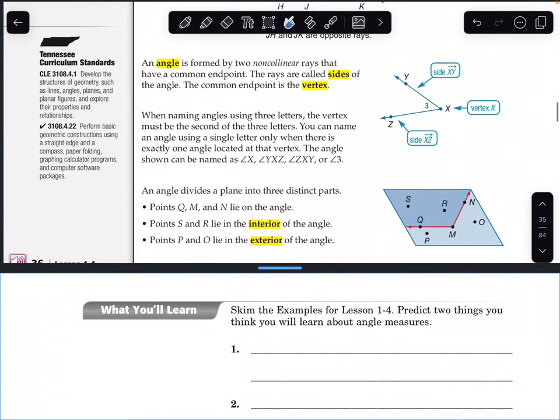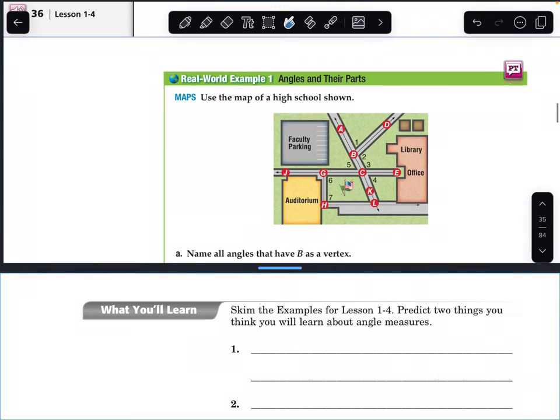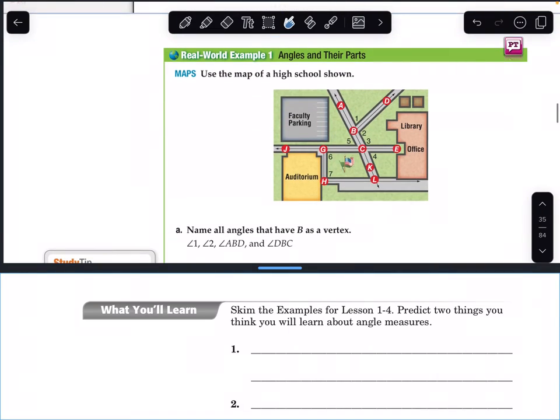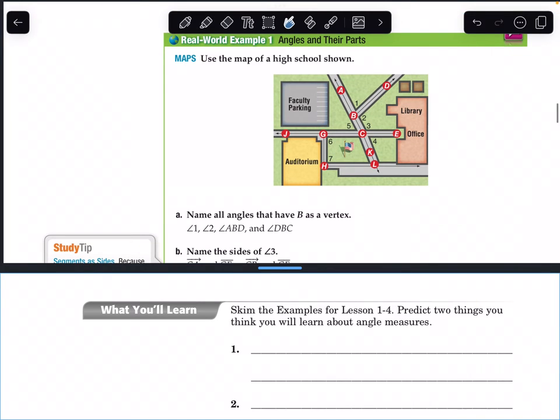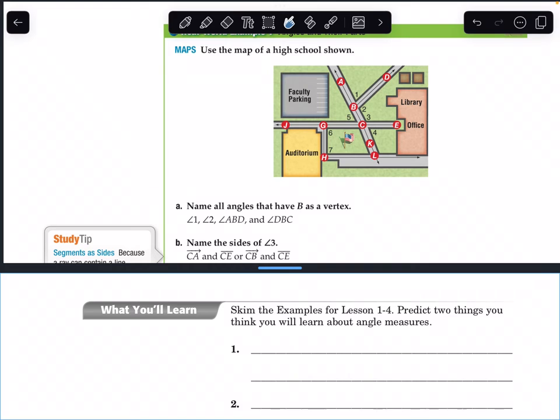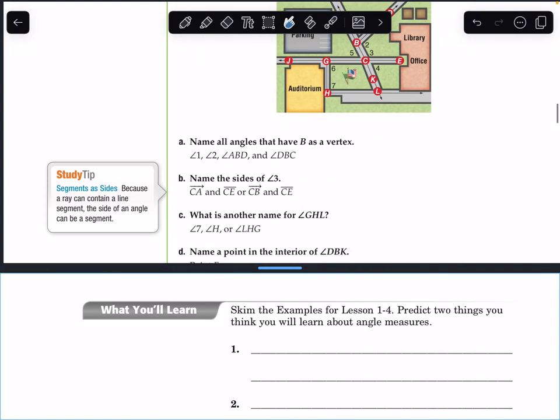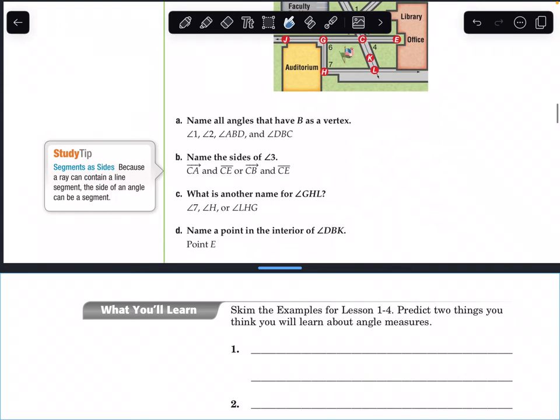Measure and classify angles section. Angles and their angle pair. A real-world example with a map of a high school here. We've got a parking lot, auditorium, and then the library and office. Name angles that have B as a vertex, name sides. We got a lot going on with names.